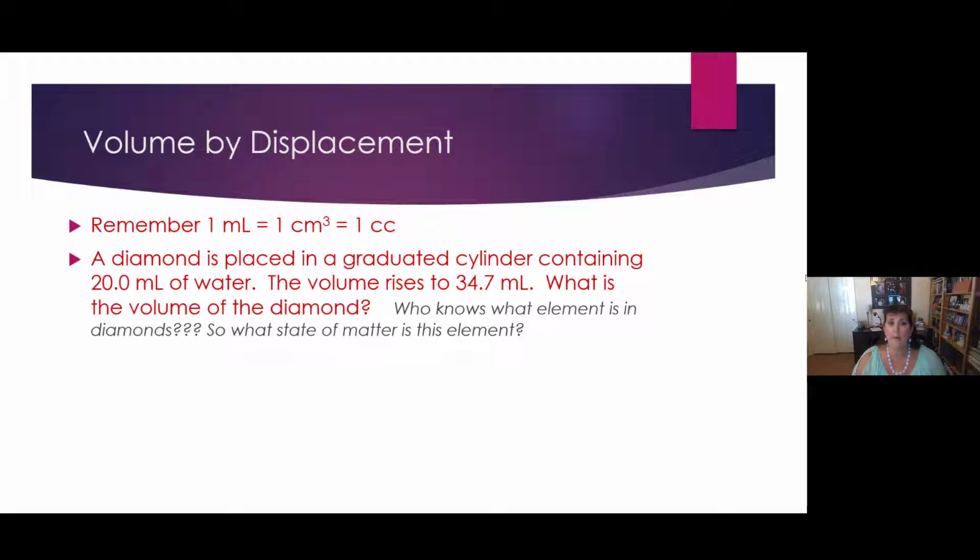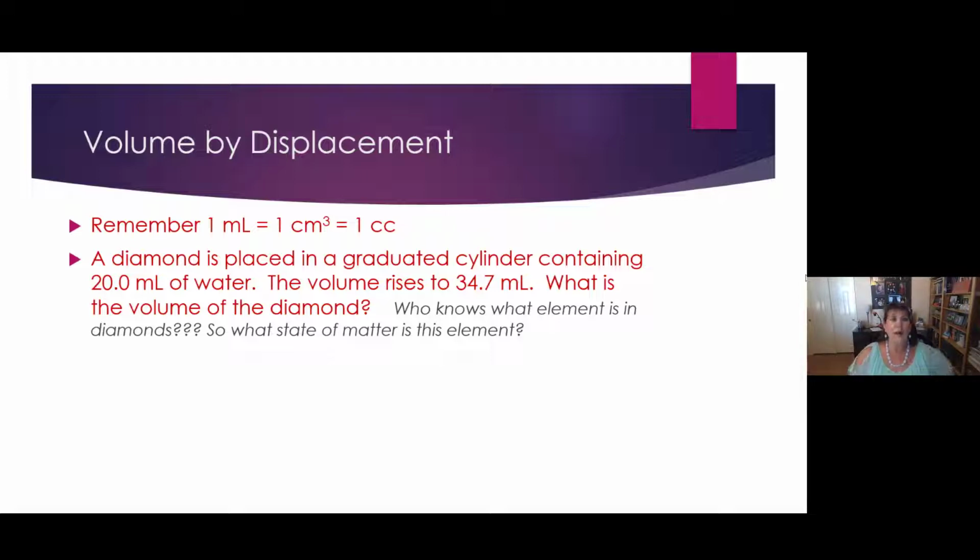Did you say 14.7? I hope so. Milliliters, right? How did you get that? Oh, you subtracted. We started with 20 milliliters. Then the diamond went in and pushed the water up to 34.7. So the difference between them is due to the diamond. So you subtract. Good job.